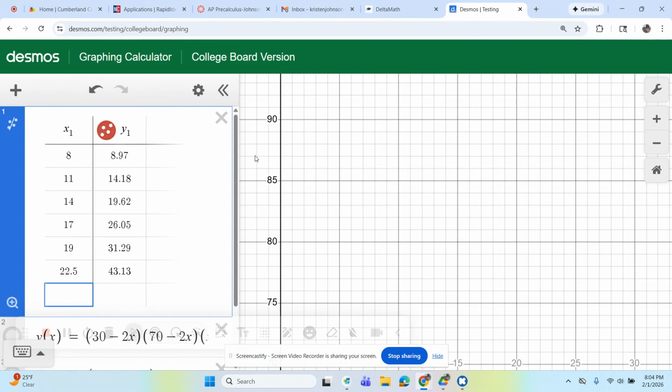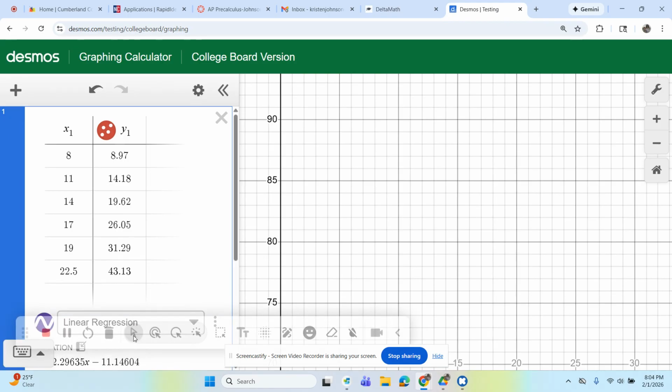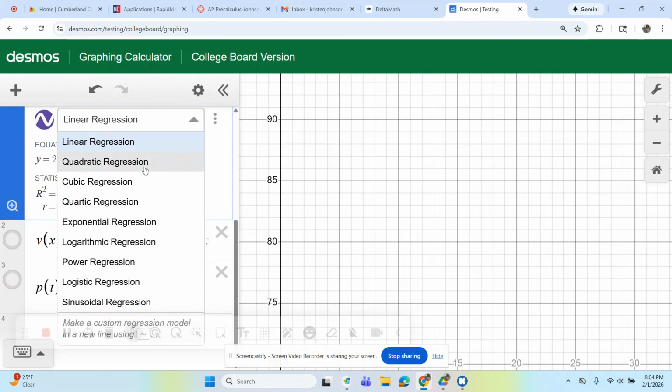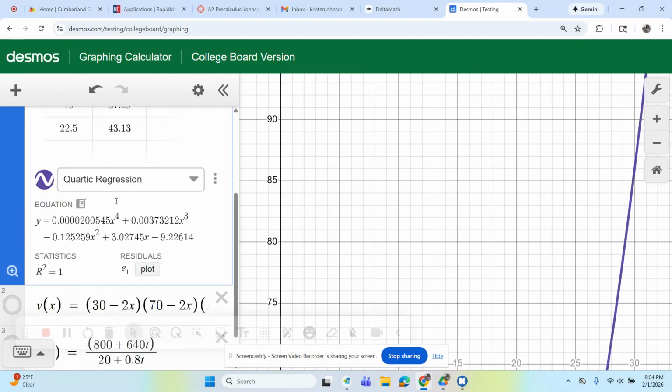All right, find a quartic model. So we're going to click here. We're going to choose quartic. All right, now because those numbers go out so far, I am going to obviously do more than 3 decimal places. So you'll see that.